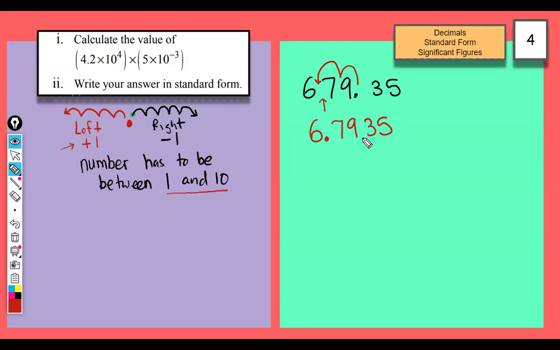Remember, the decimal point no longer lives here, it lives here now. And you always put times 10. Since we moved it 2 places to the left, it's +2. You don't have to write the positive sign, you can just put 2. When we move it to the left, the number over the 10 will usually be positive.